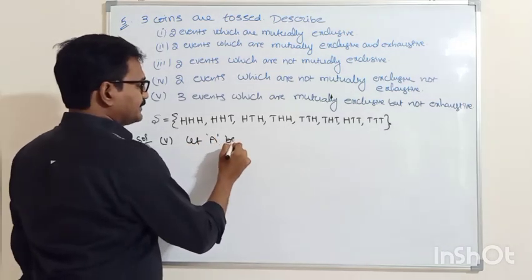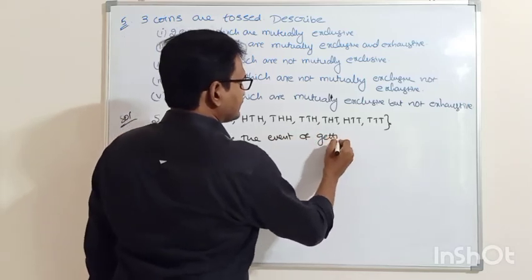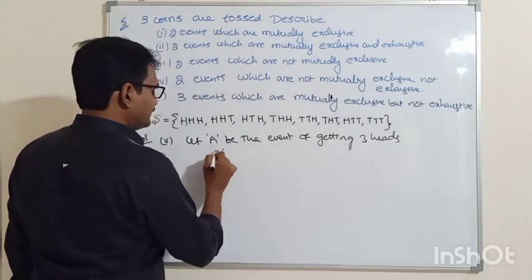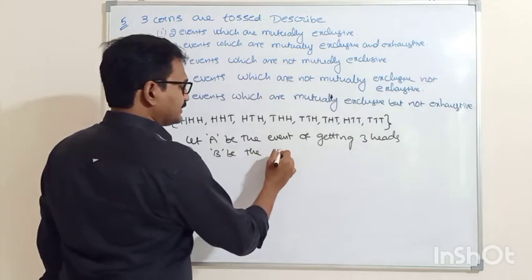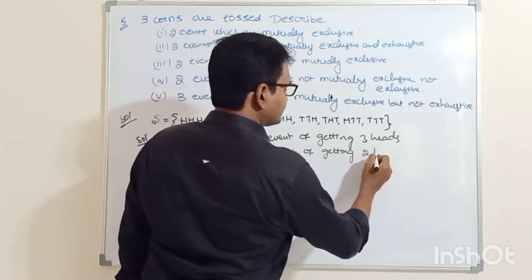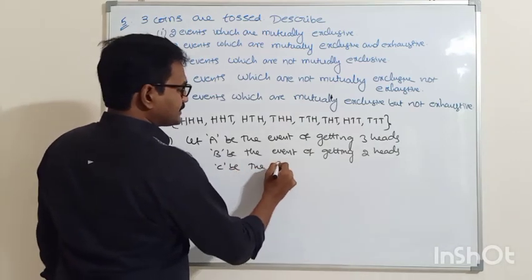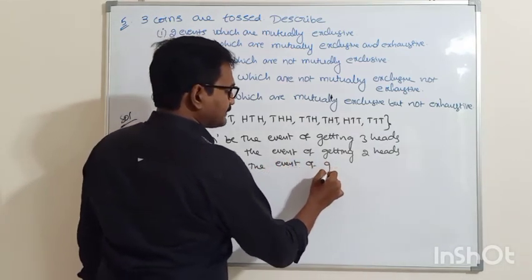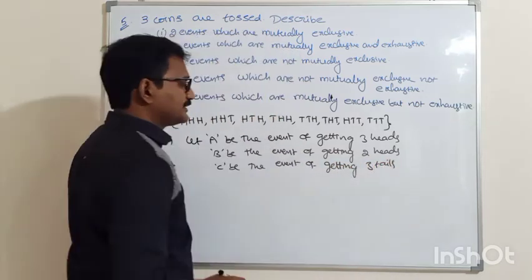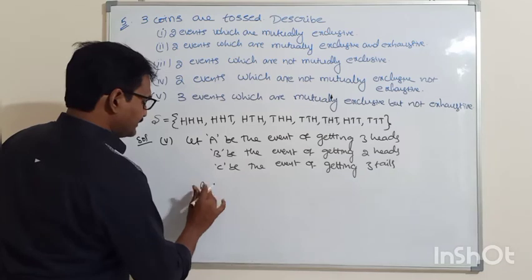Let A be the event of getting three heads, B be the event of getting two heads, and C be the event of getting three tails respectively.